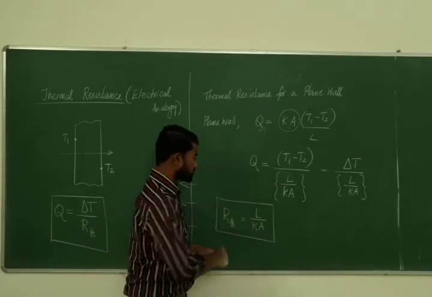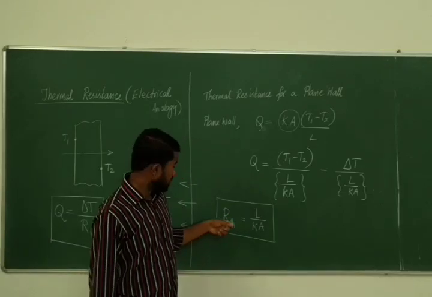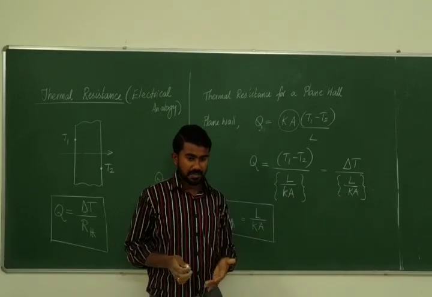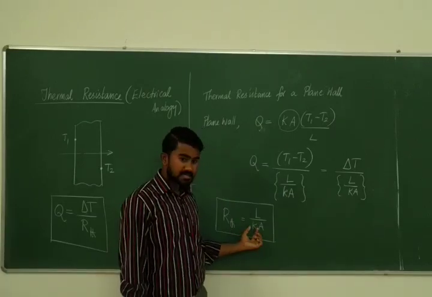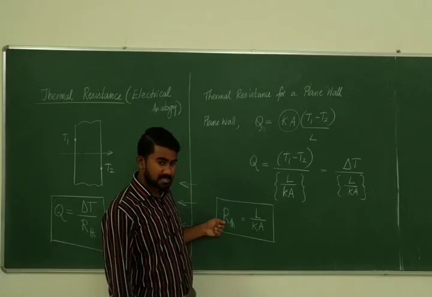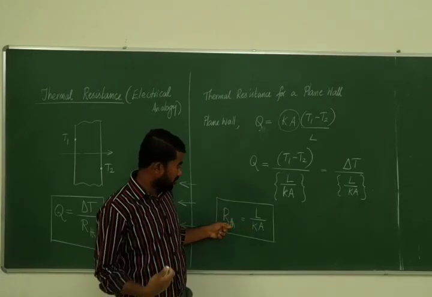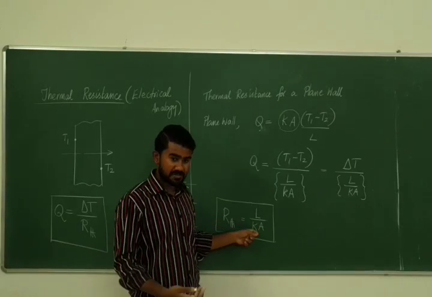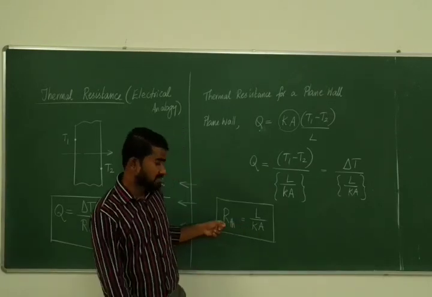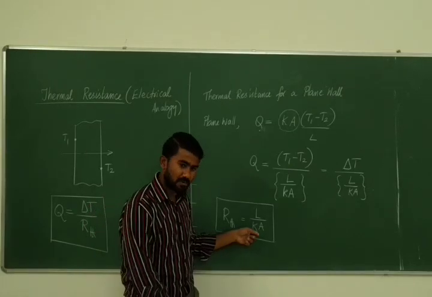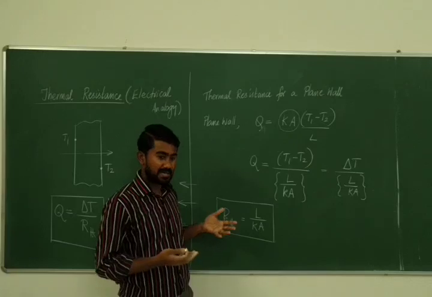Very important. If L is large, resistance will be large. If you have a thick wall, then heat cannot flow easily. If k is small, resistance is large; if k is large, resistance is small. For a metal, thermal conductivity is large, so resistance will be small. For an insulator, thermal conductivity is very small, so the resistance will be large.